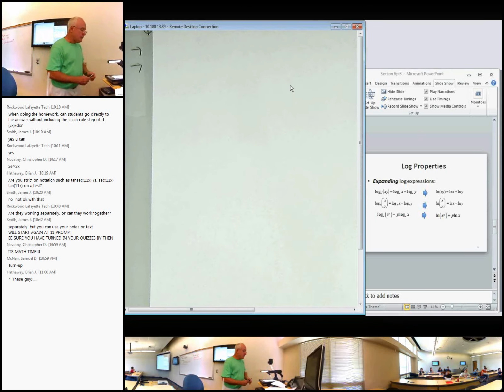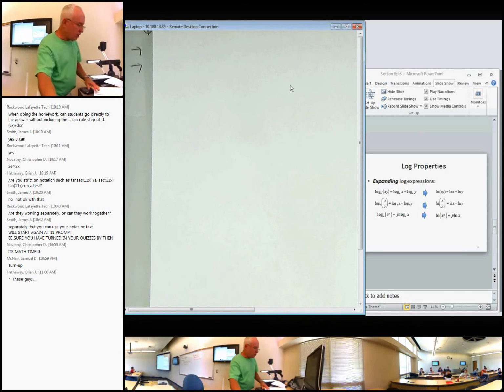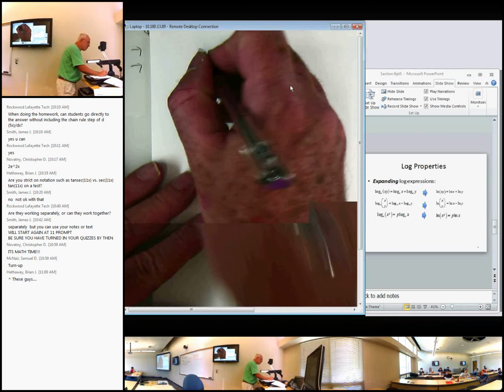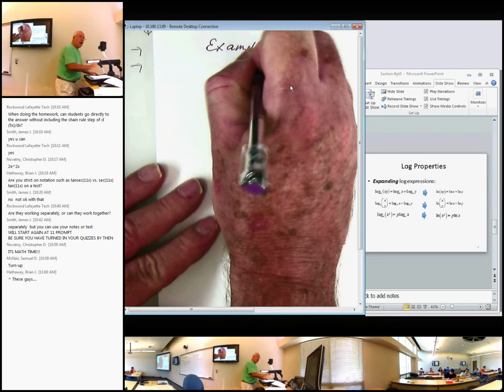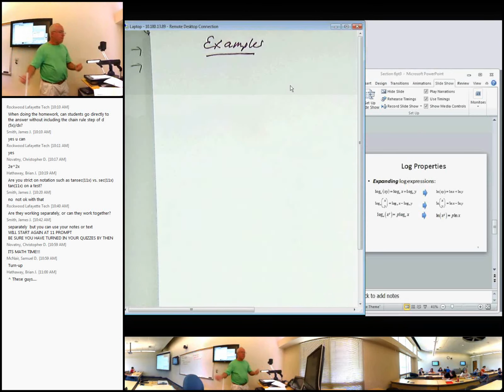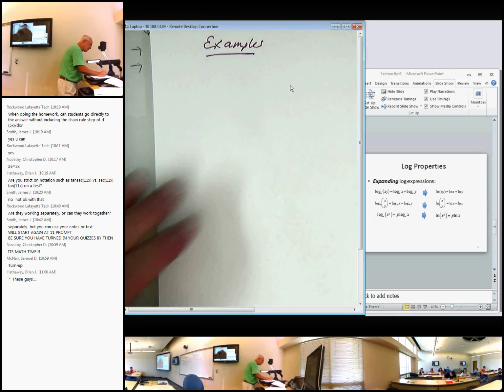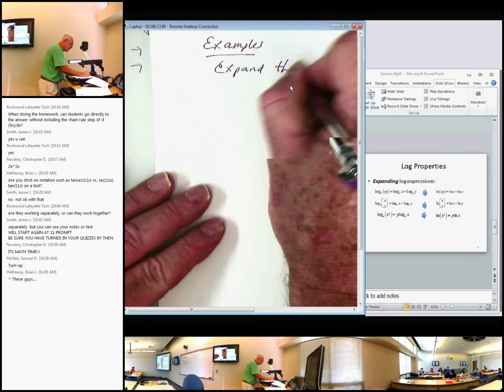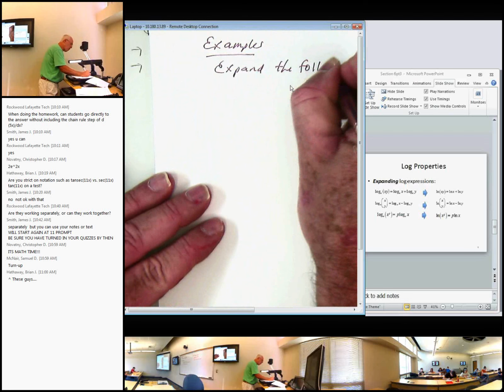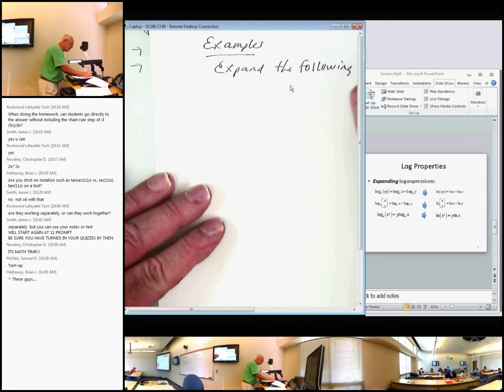All right, so let's look at a couple of examples here, what we're talking about. Examples. Say you're told to expand the following log functions.